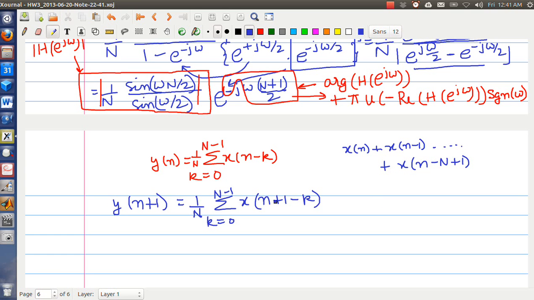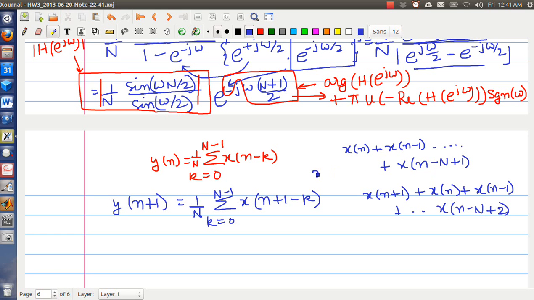This new sequence is starting at k equals 0, it's x of n plus 1 plus x of n plus x of n minus 1 up to x of n minus n plus 2.